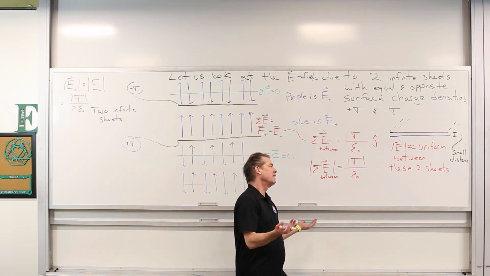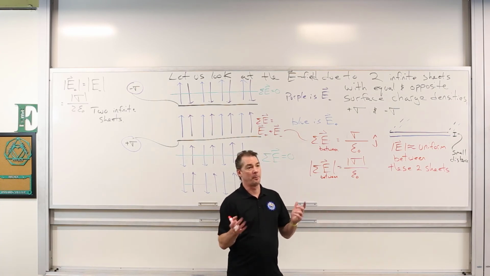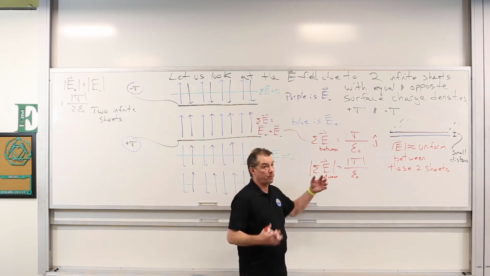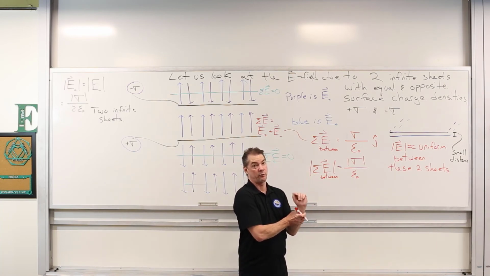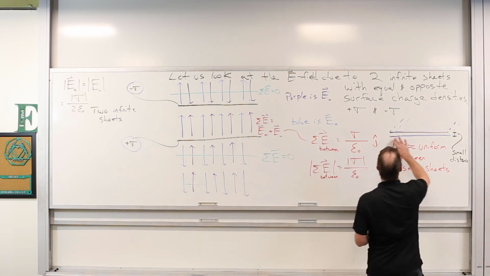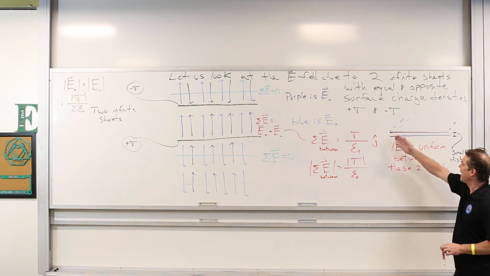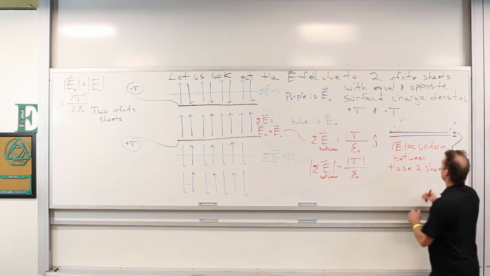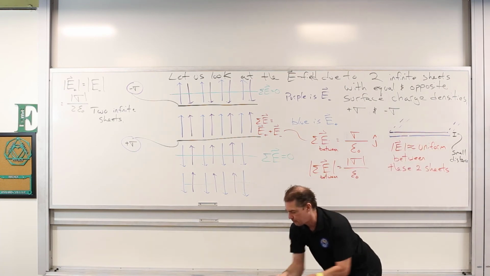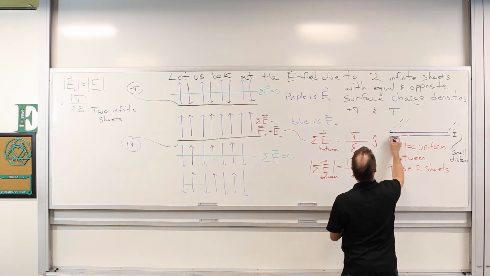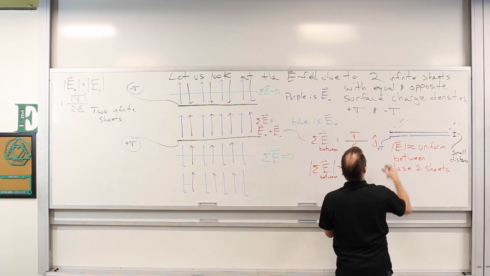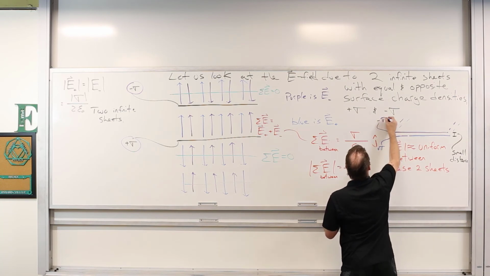Approximately, what does that mean? Well, that really depends on the actual dimensions of things, but it means that this sigma over epsilon 0 is a pretty darn good approximation for what the electric field is like over the majority of the sheets. Now, as you get to the edges, what you get is edge effects, and you get kind of this bowing of the electric field. But for the most part, if this is minus and this is plus, I guess we should put those in. This is plus sigma, and this is minus sigma.